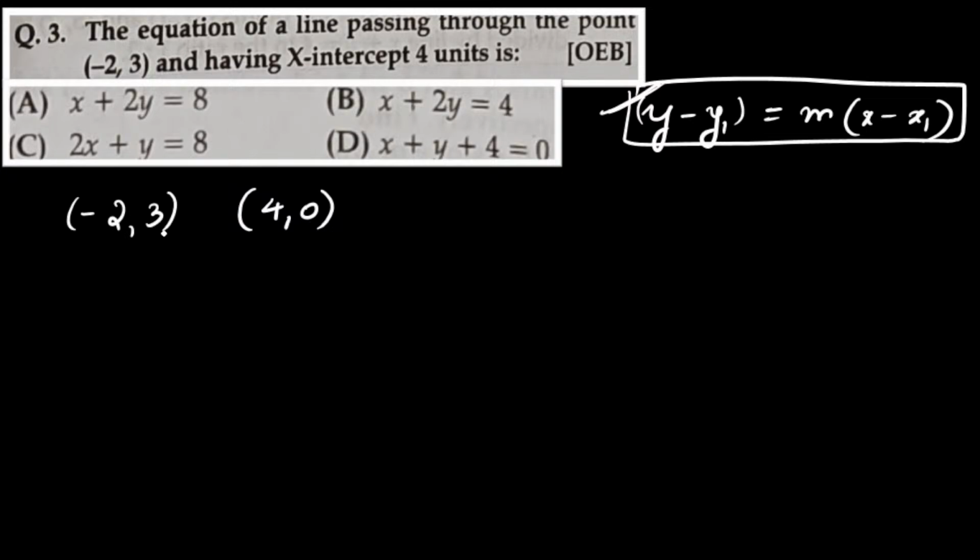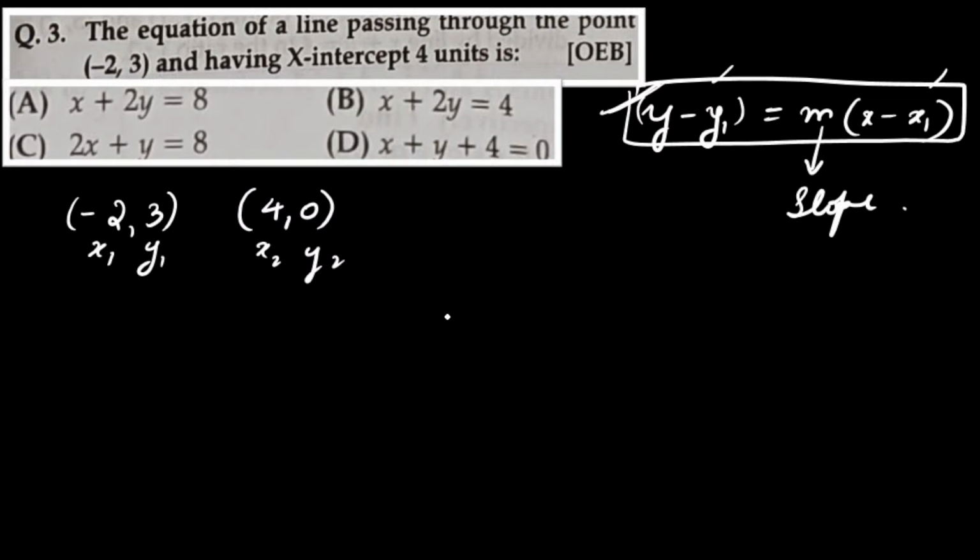Now let's write the coordinates as x1, y1 and x2, y2. First of all, coordinates we have, but we need the slope also for this form of the equation. Now how to find the slope?